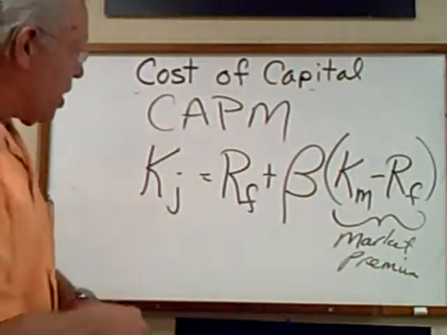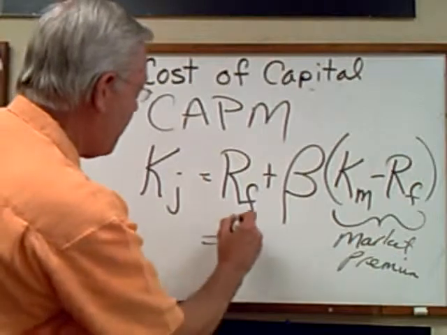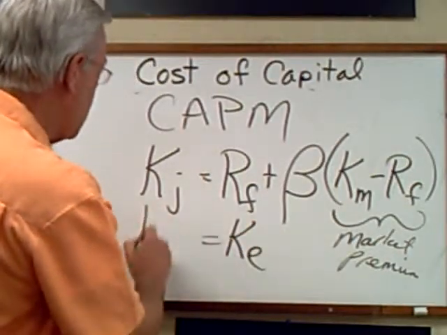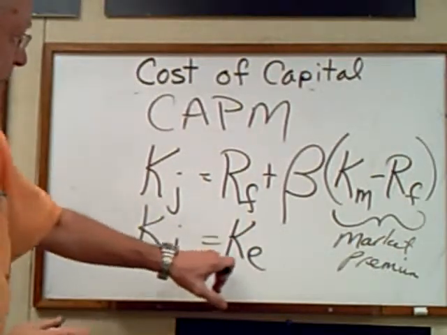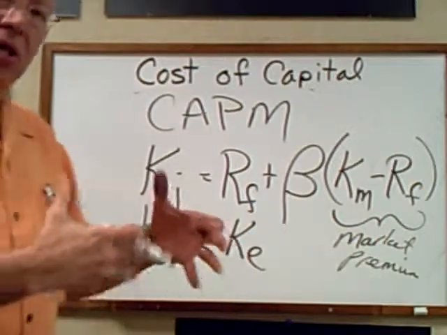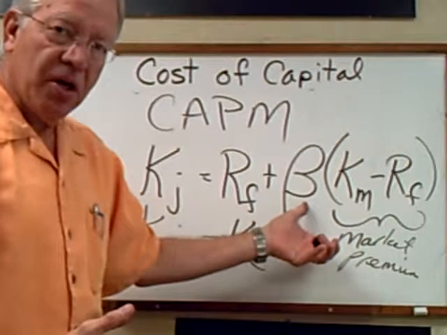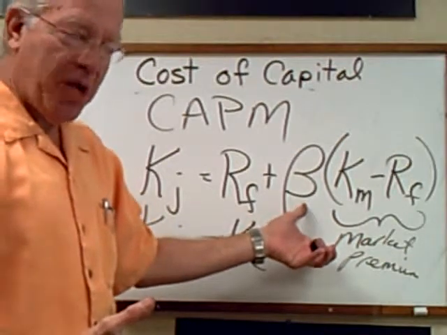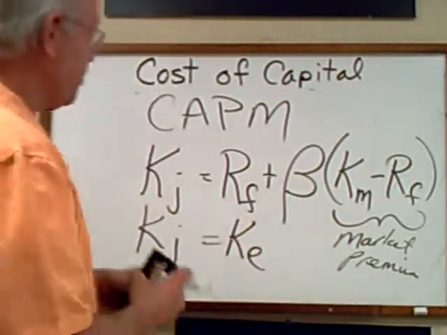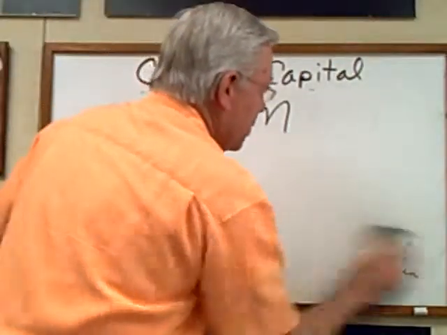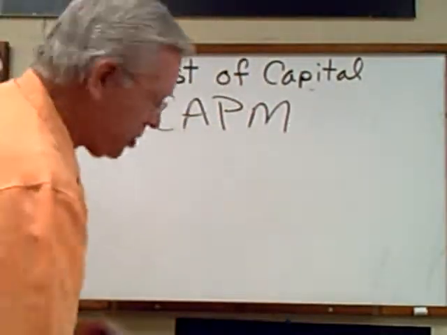This also gives us the equivalent of K sub E through a different mechanism that will give us the cost of equity with market risk of that particular firm taken into account. Now, beta is an interesting element and has some implications.